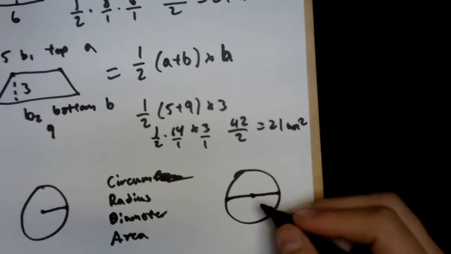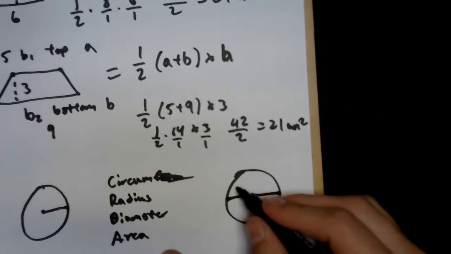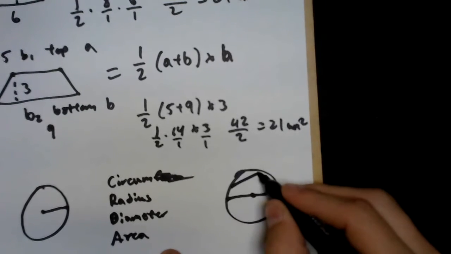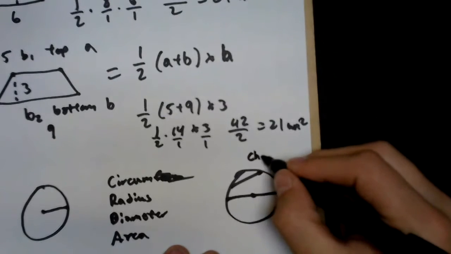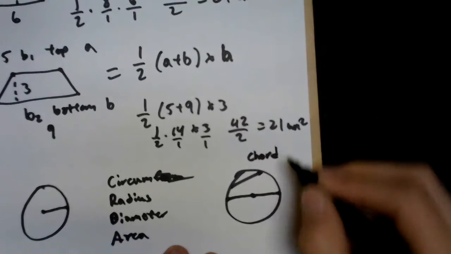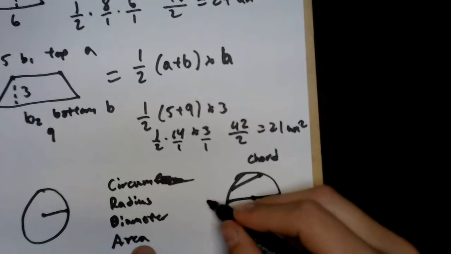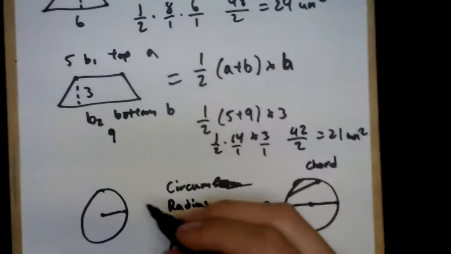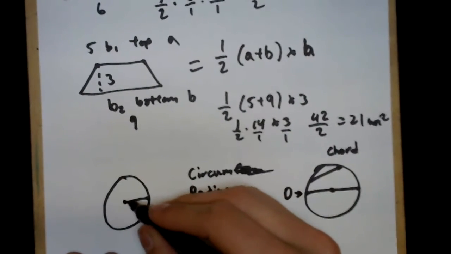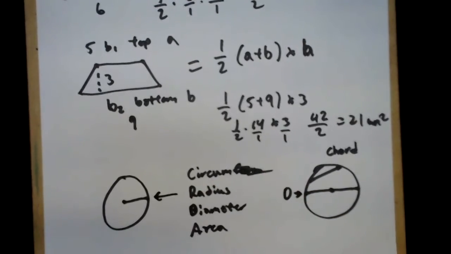It has to be through the center, otherwise it's not the diameter. For those who technically want to know, if it's not through the center, it's called a chord. So, your diameter will be this. Right here, your radius is from the center outwards, and is right here.